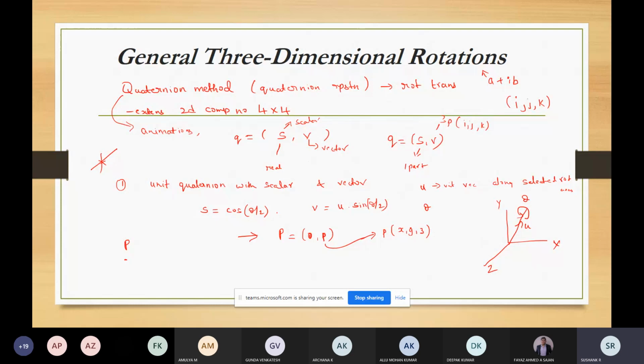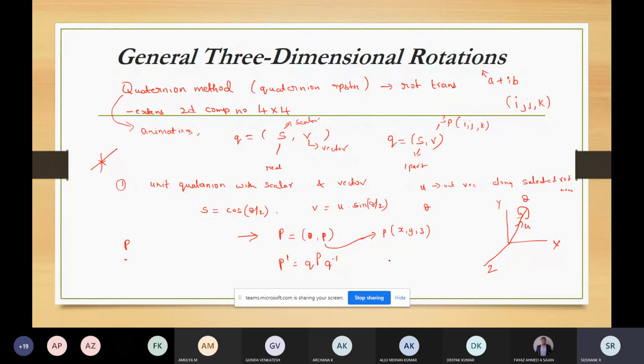Then the rotation is carried out by the formula P dash is equal to Q into P into Q inverse. Here Q minus 1 means the inverse.